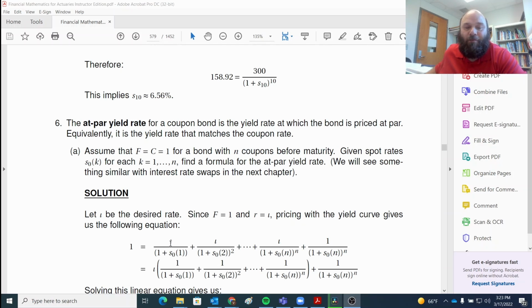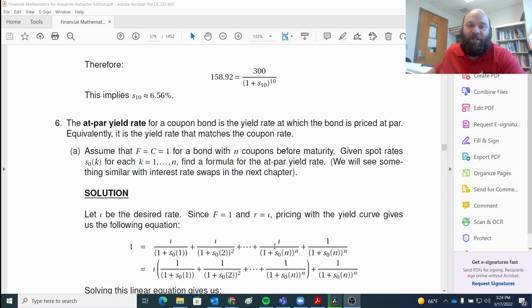So as before, we value each payment with the given spot rate as appropriate. That's what's going on here. We're just valuing each of the coupon payments using the spot rates. Then we add the redemption amount, which is 1, and that's also valued using the last spot rate. Notice I've separated these two, whereas before I wasn't doing that.